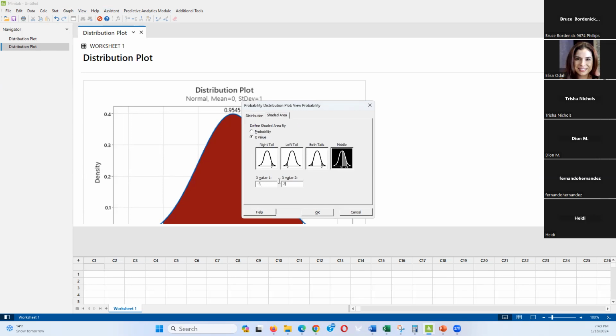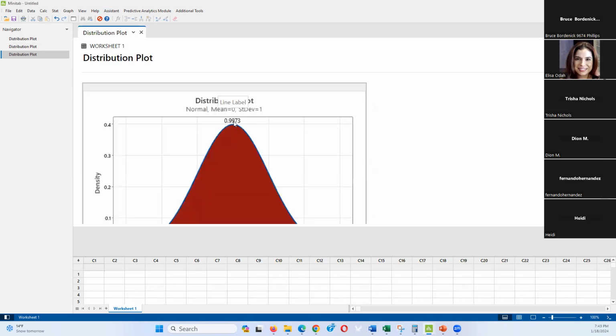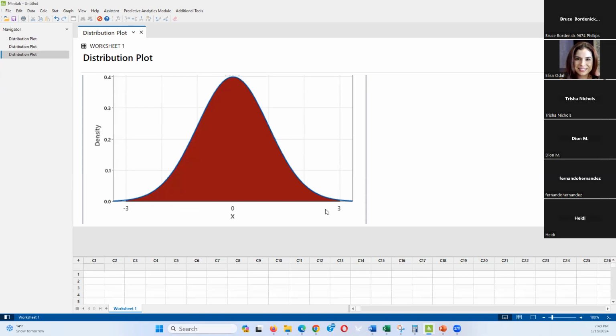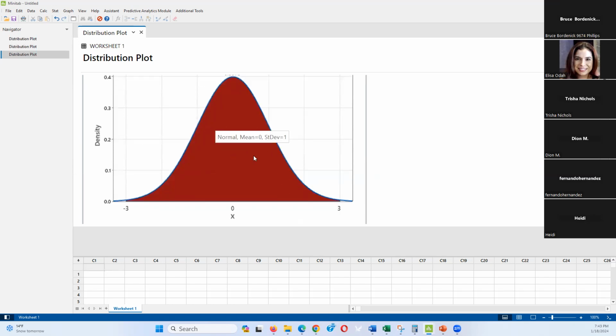Now my question to everyone: this is 99.73%, minus 3 to plus 3 sigma. So this is the value of 6 sigma. What is the value of 5 sigma?